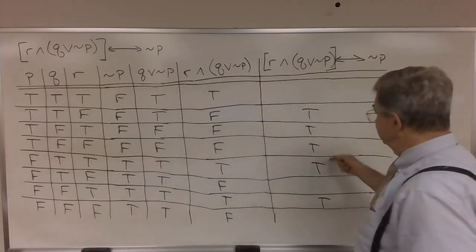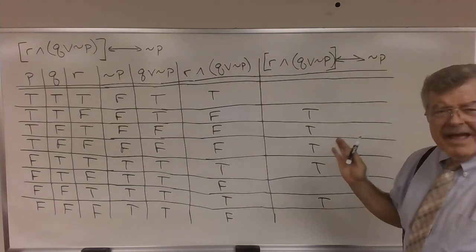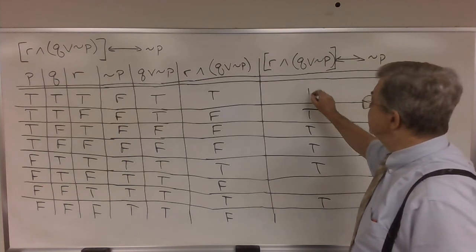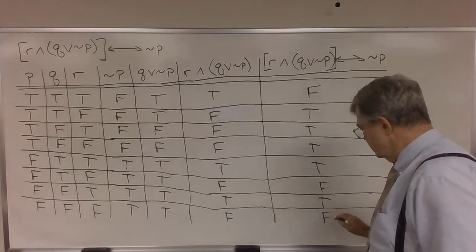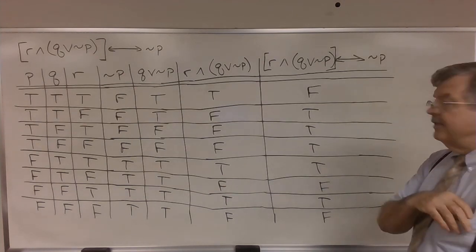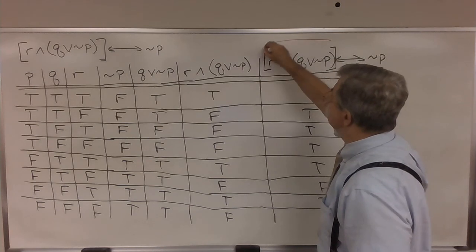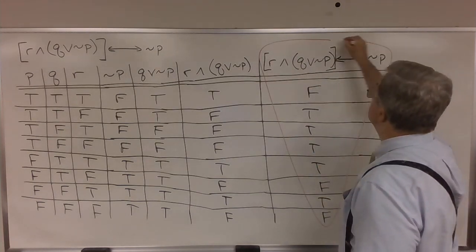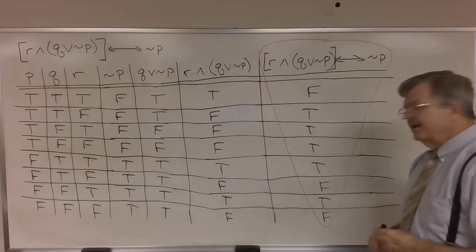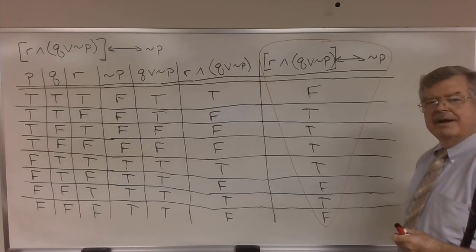These are the cases when this entire statement is true. Every other time, it's going to be false. Wow. That is a prehistoric monster of a truth table. And I will circle this column just to remind myself that these were the truth values that I wanted.